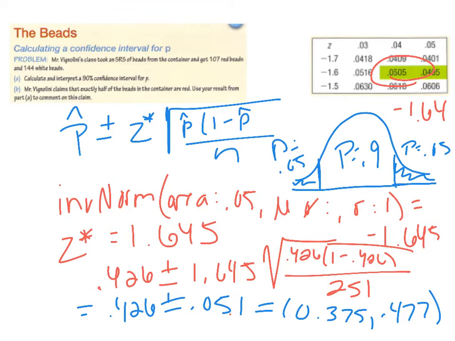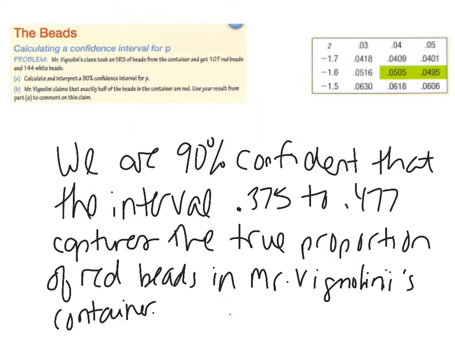0.477. So my interpretation of this goes back to my statement from the previous section that we needed to remember, that we are 90% confident that the interval, in this case 0.375 to 0.477, captures, and then we put it in context, the true proportion of red beads in Mr. Vignolini's container. So this is what your context should look like.